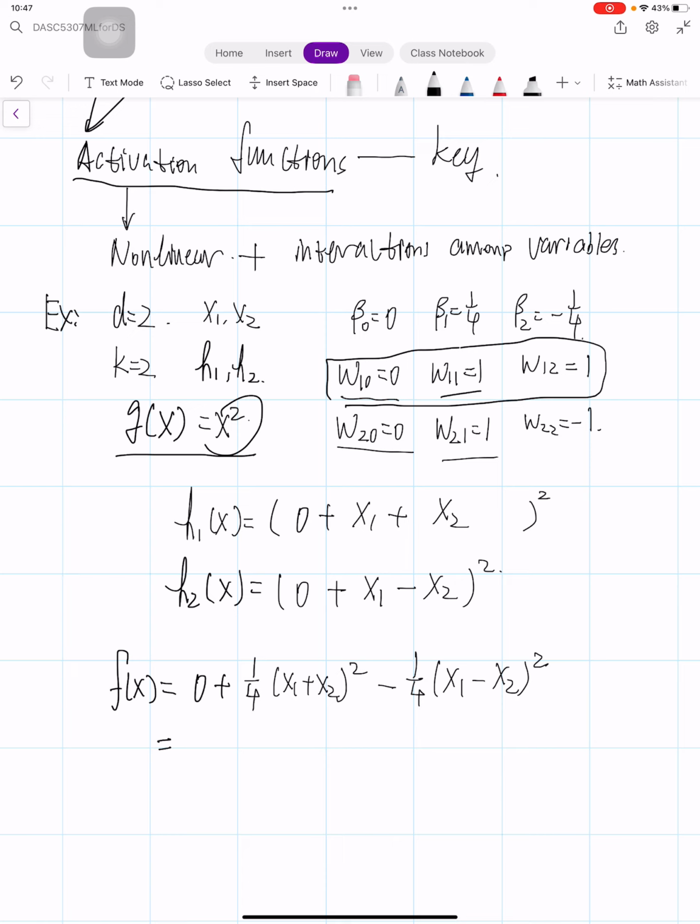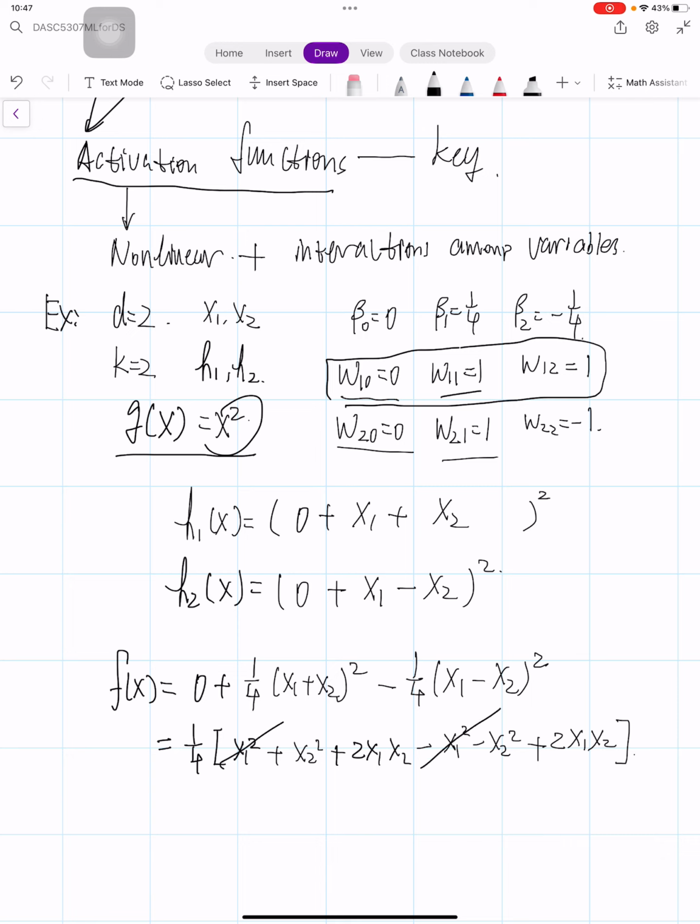which equals 1/4 times x1 squared plus x2 squared plus 2 x1 x2, minus x1 squared, minus x2 squared, plus 2 x1 x2, because minus times minus gives plus.